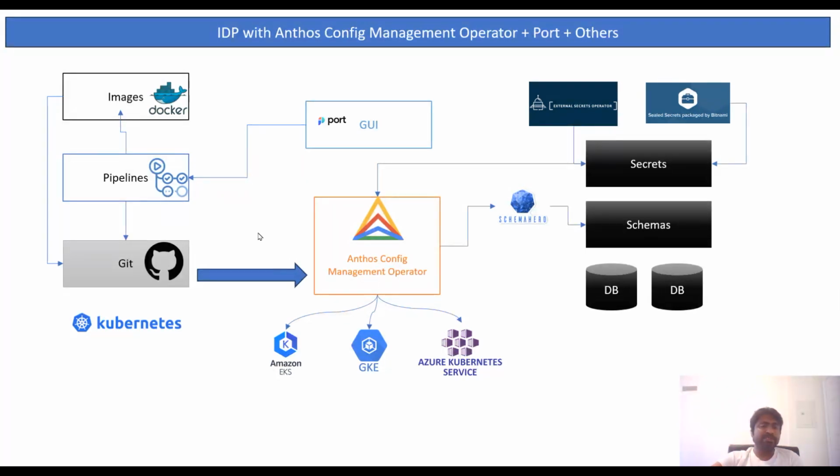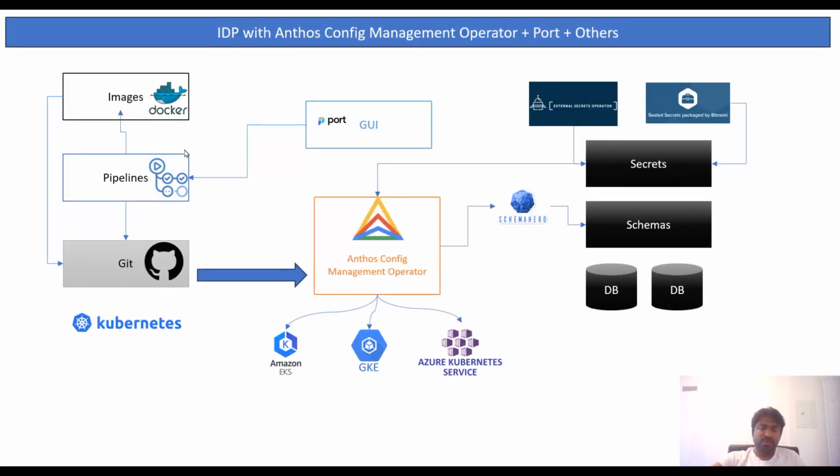Whatever changes I make using my Port GUI, I'll push to the repo. I am going to click a button to build one system, and once I click that button, it will trigger a pipeline.